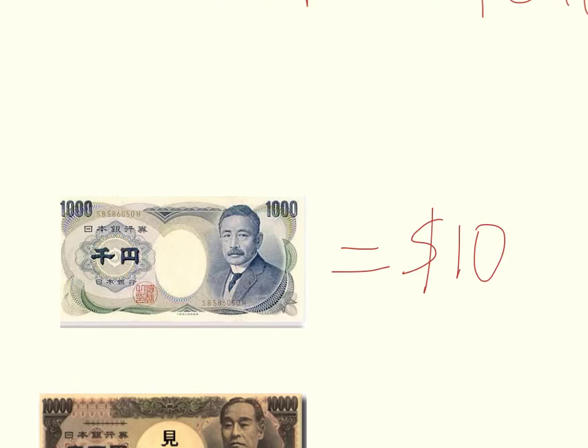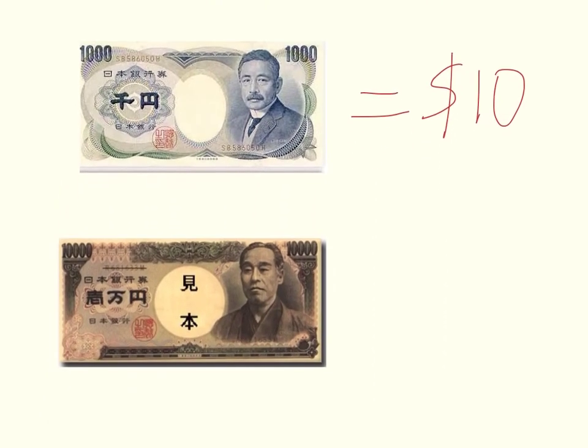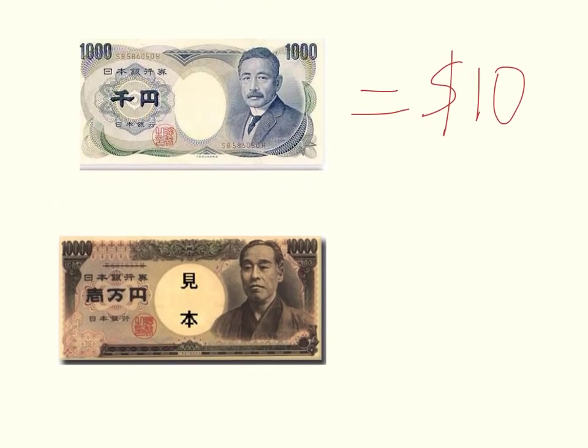And then further down here we've got a 10,000 yen, and that seems like a lot of money. When you say the word 10,000 in English, you're thinking you're rolling in the cash. But this one here, you might see when you go to Japan on a trip, because this is equivalent to, I guess, around $100.